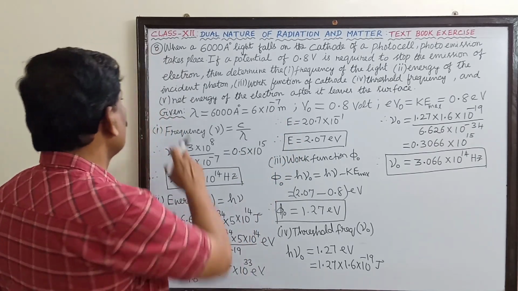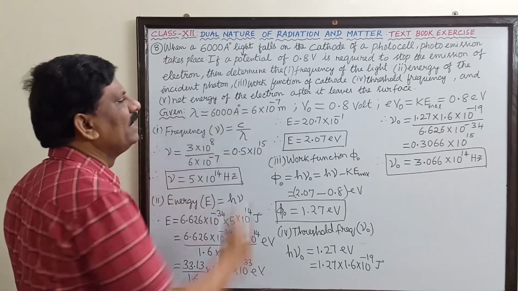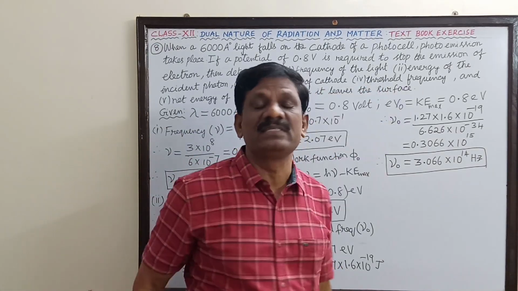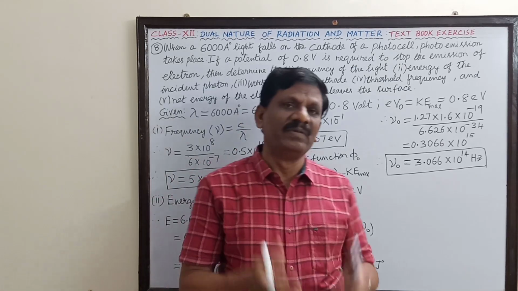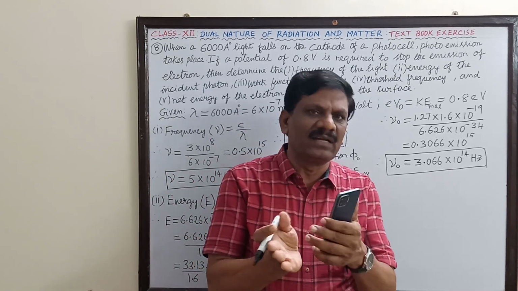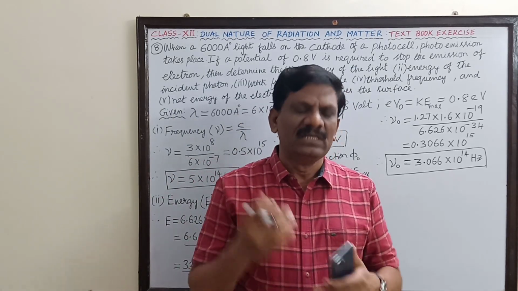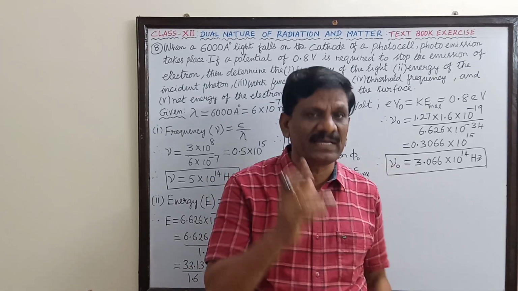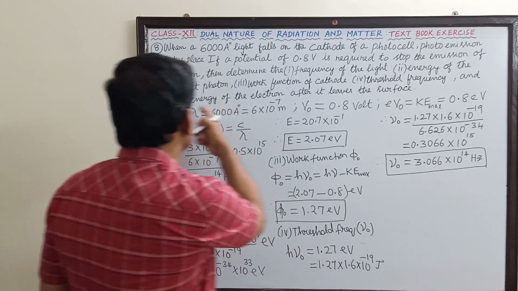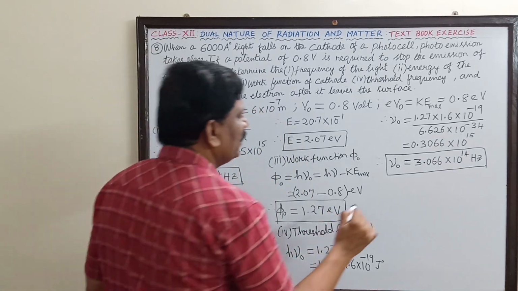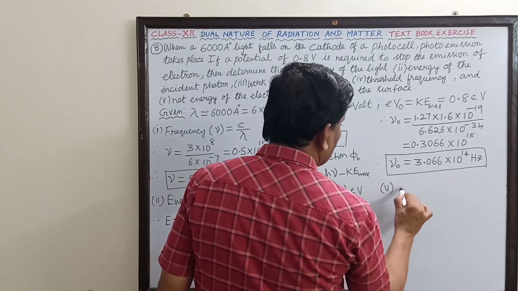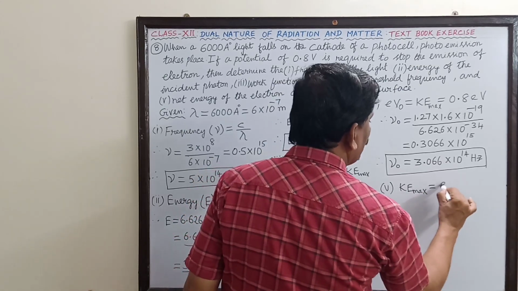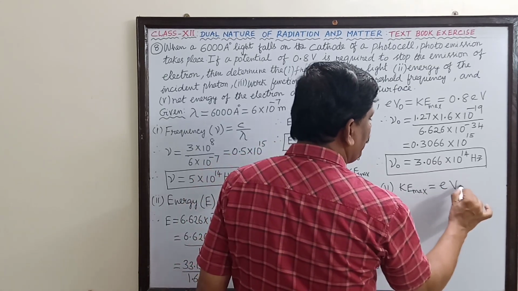Now what next we have to find? Lastly, the net energy of the electron after it is emitted from the surface. So what is the minimum energy required to liberate the electron from the atom is called work function. So if there is no loss of energy due to collision, the electron will come out with maximum kinetic energy. That only is asked in the fifth subdivision. So the fifth subdivision, kinetic energy maximum. So that is equal to charge of the electron into stopping potential.